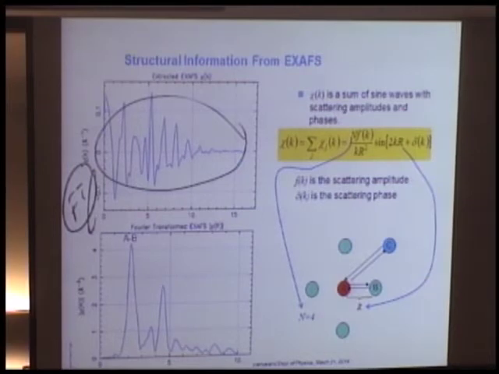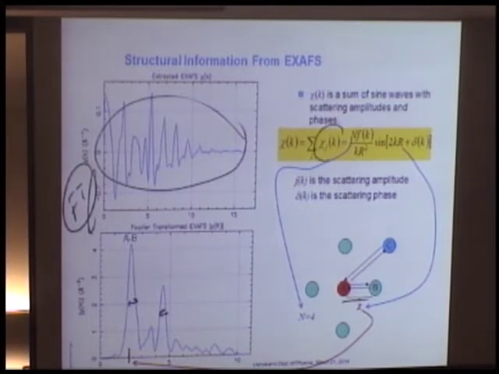These are the real angstrom-size differences, the different distances from A to B. The location of this peak is related to the A to B distance, and the size and width of this peak are related to how many B's are surrounding, and whether they are ordered or disordered, if there's thermal disorder. So you do a lot of analysis on these peaks, and the equation is pretty well set.